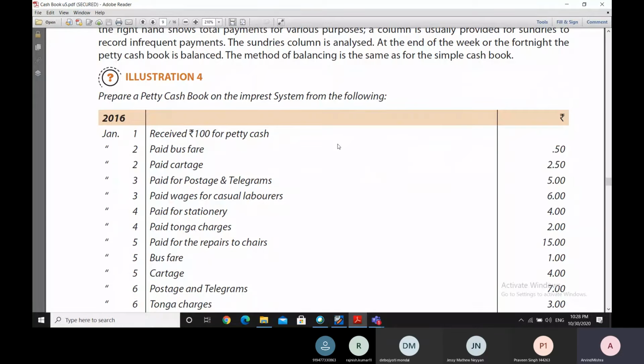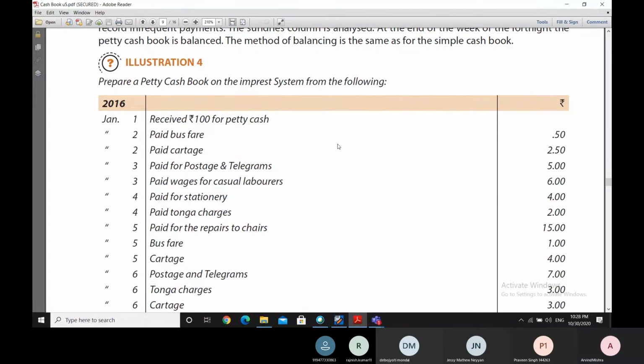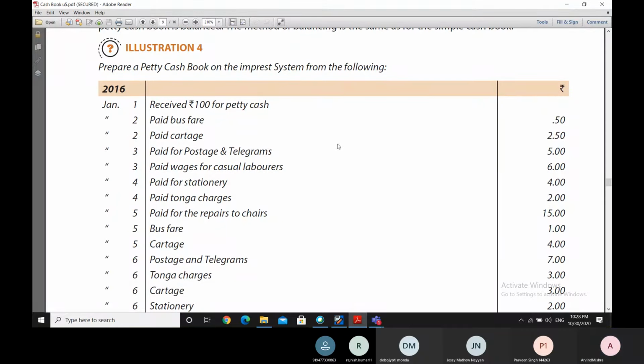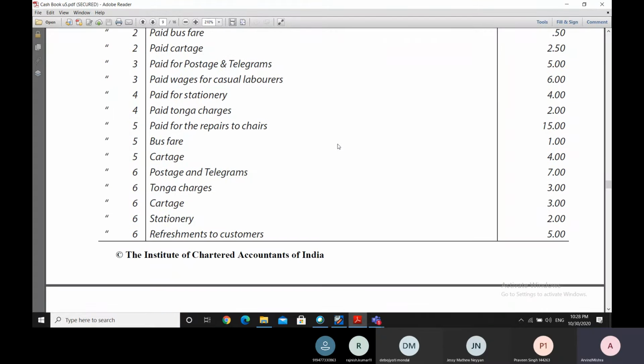Now in illustration 4, under the imprest system, certain payments are being made. On the basis of those payments, a petty cash book is required to be prepared.